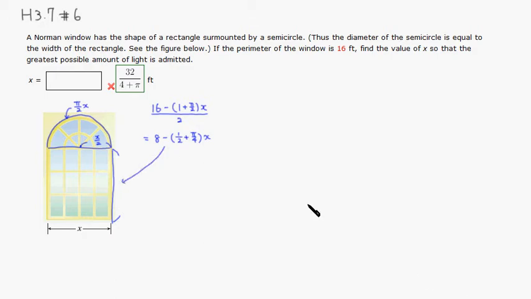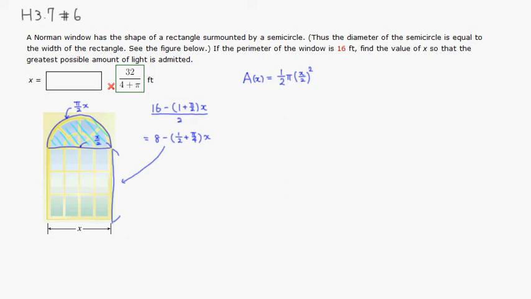Then we can find the area. So the area of the window in terms of x: on top this is going to be 1/2 of the circle, so 1/2 pi r squared, which is x over 2 squared. That will take care of this half disk there.